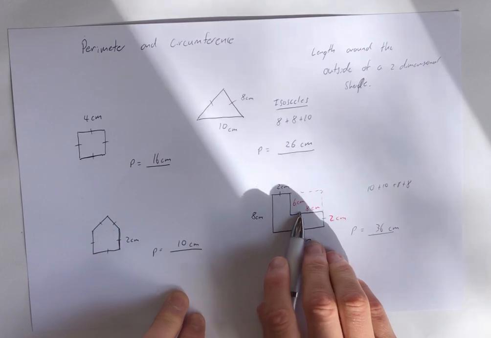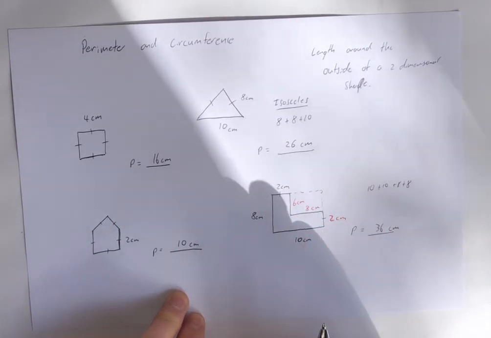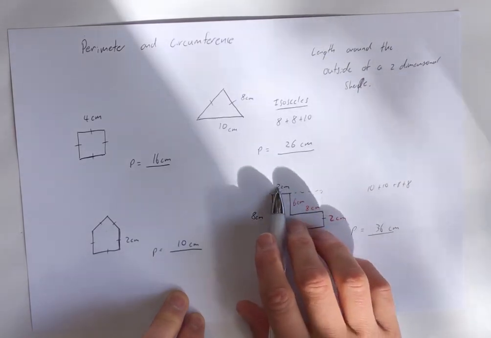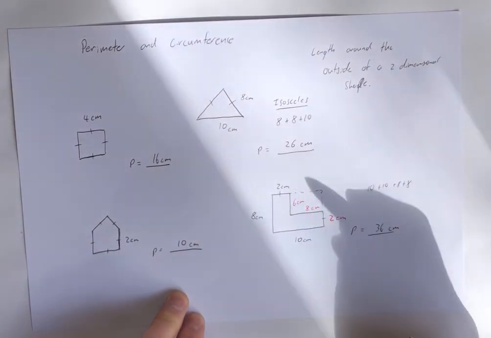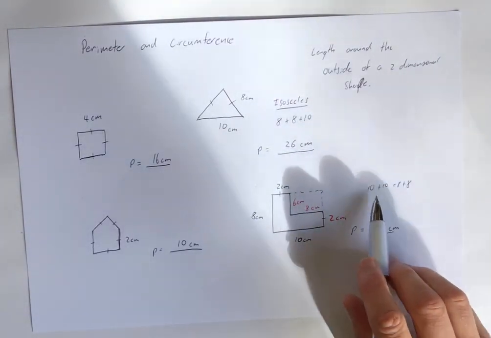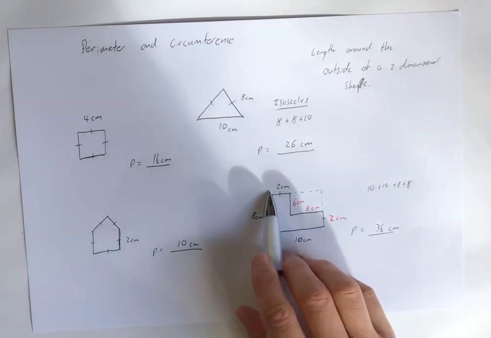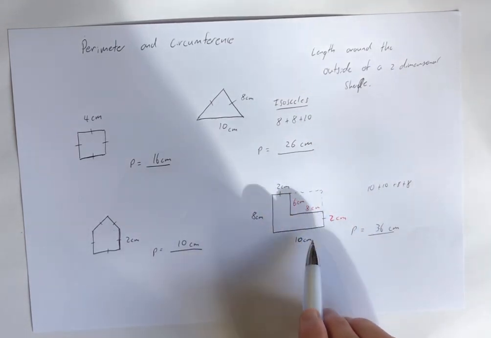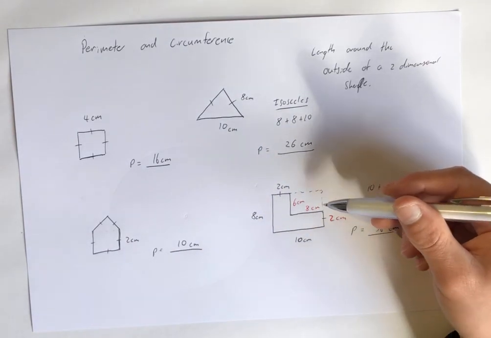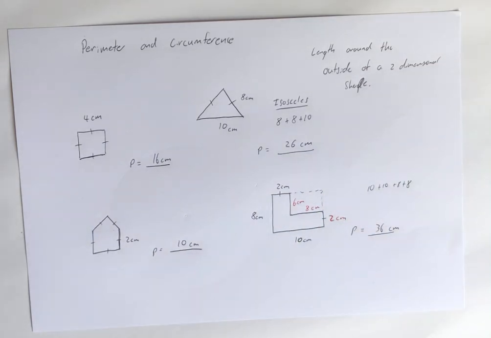Or if you figured out that this was 6 and 8, 8 and 2 makes 10, and we have another 8 there, so it's 18. So 10 and 2 and 8 is 20, and then we have 2 and 6 is 8 and 8, so yeah, we should get 36.